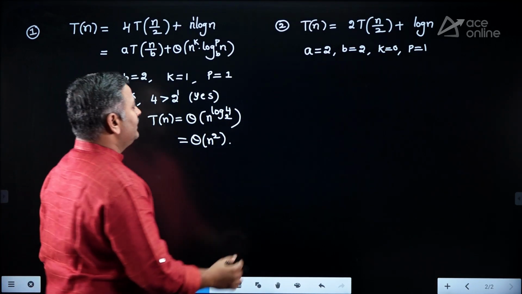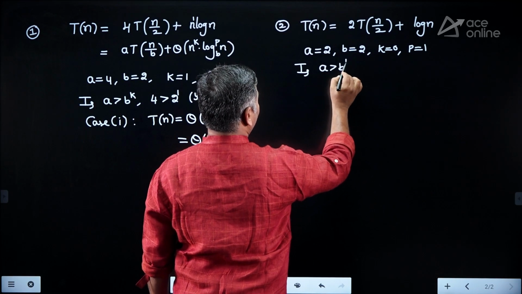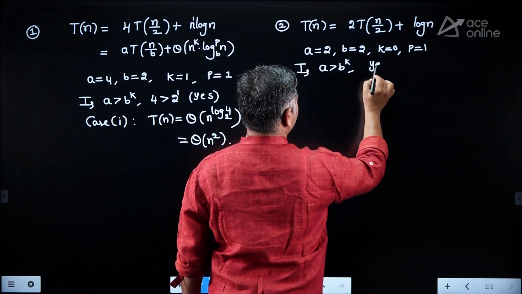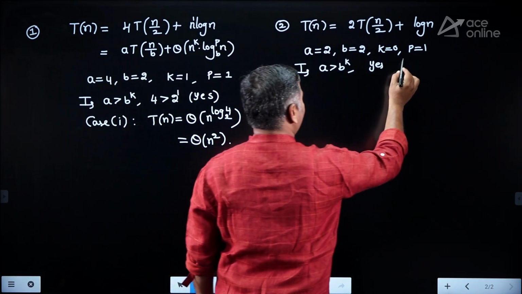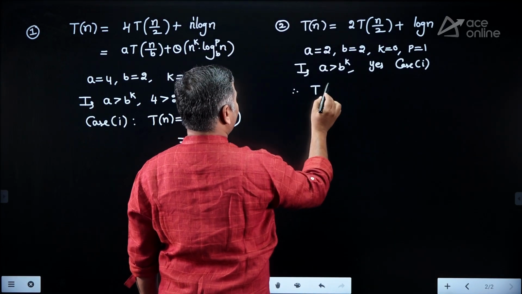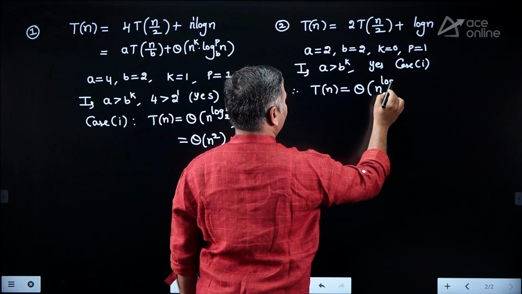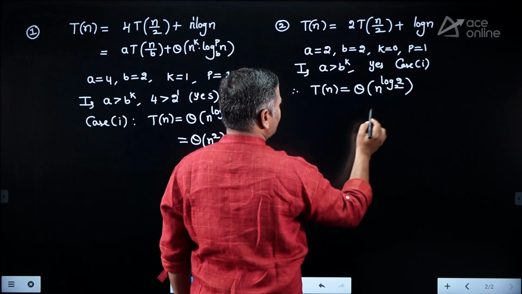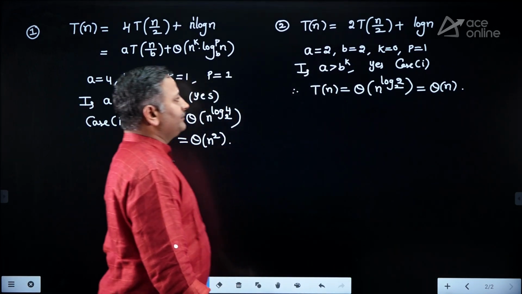Right, friends? Now verify the condition, is a greater than b to the power of k. Yes, 2 is greater than 2 power 0, which is true. Therefore it belongs to case 1. In case 1, t of n is equal to theta of n to the power of log a base b, which equals theta of n. Clear, friends?